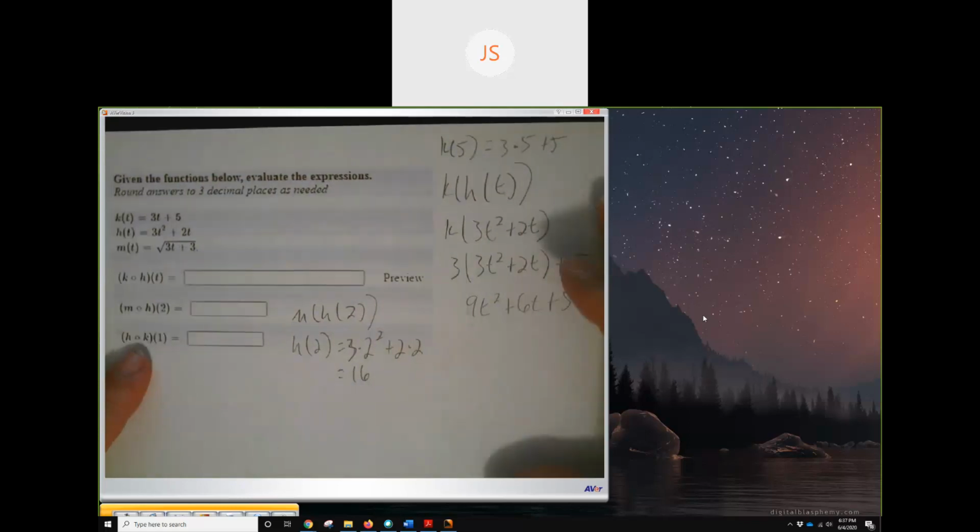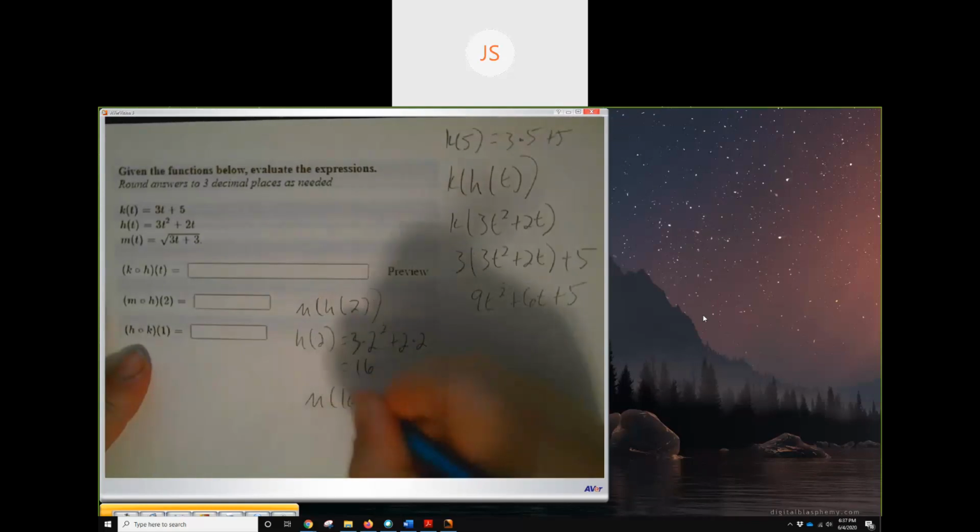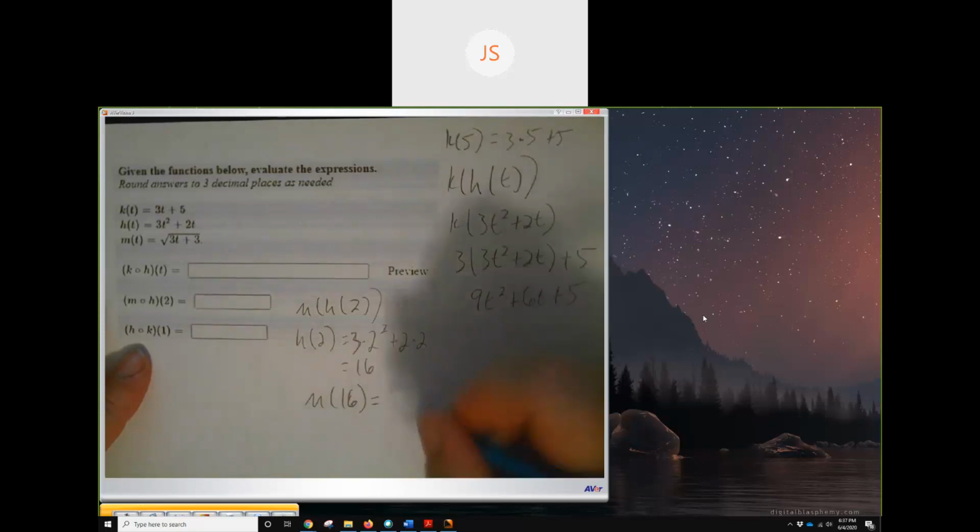So since h of 2 is 16, then this becomes m of 16. So then we're going to plug 16 into m. So that's going to be the square root of 3 times 16 plus 3. 3 times 16 is 48, 49, 50, 51.